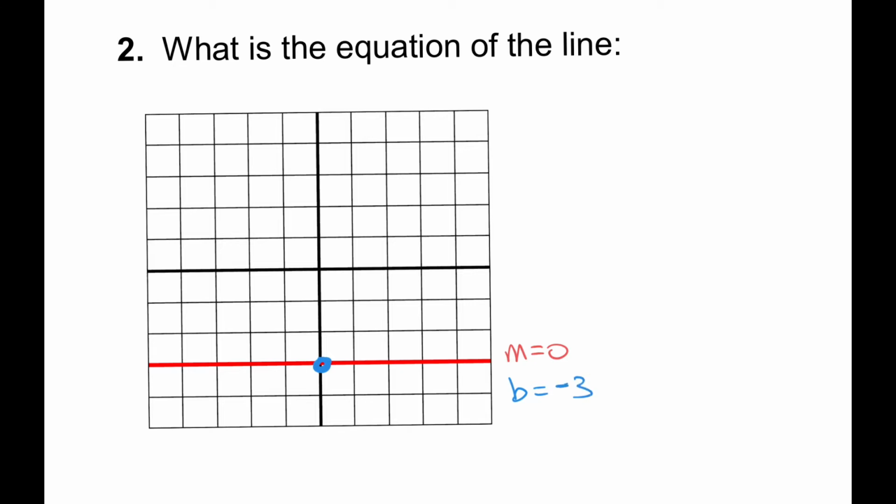So when you guys have just a horizontal line, the slope equals 0, that means we have a y by itself. The slope is 0, so we don't need the slope, but we do need the y-intercept. So you guys can just put -3 for the y-intercept. So that's the equation of the line, y equals -3.